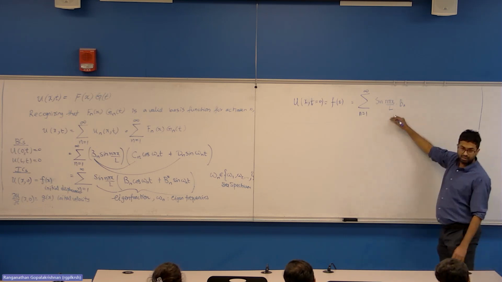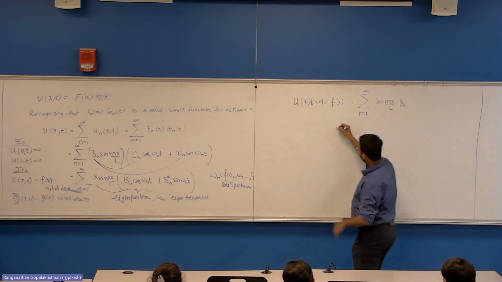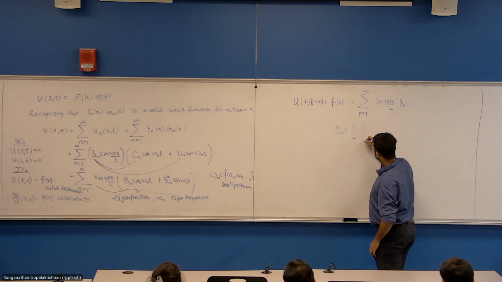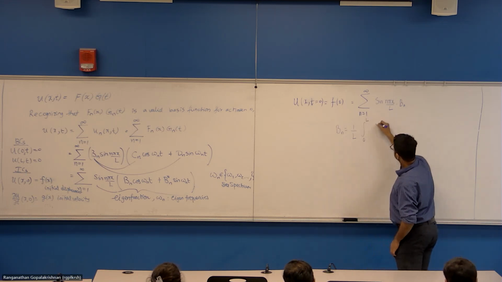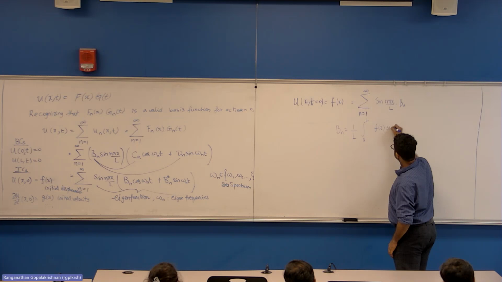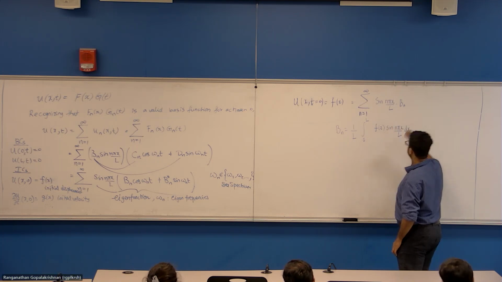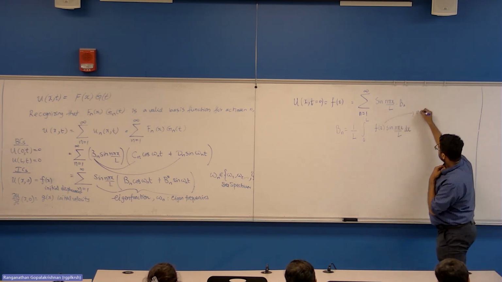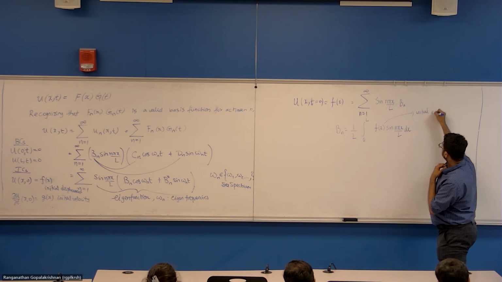If this is what Bn is, we can write Bn equal to 1 over L, integral 0 to L, f of x sine n pi x over L dx. F of x is nothing but the initial displacement.